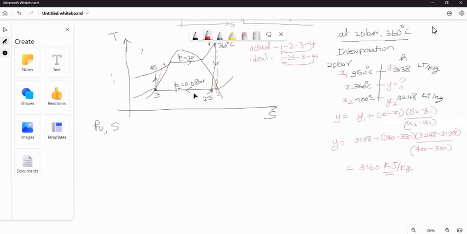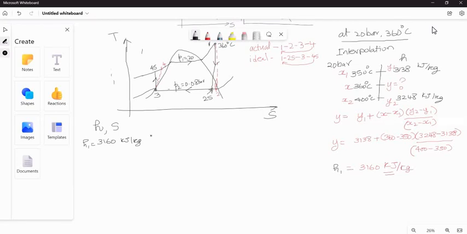Now I am going to work out the problem quickly, right? You can see I will change the pen only. That is, the y is actually h1. H1 is h1. So h1, original value from the table after interpolation, is 3160 kilojoule per kilogram.